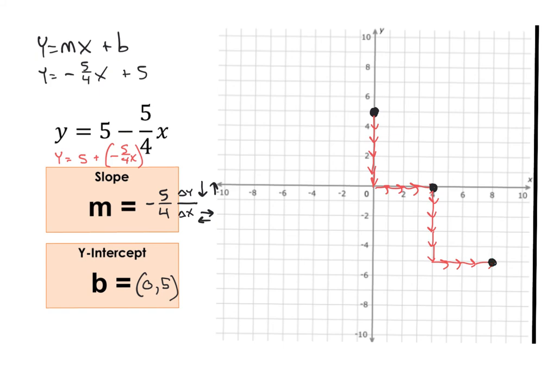If I wanted to instead go up, I could, from my starting point, go up 1, 2, 3, 4, 5, and then to the left 4, 1, 2, 3, 4, and there'll be another dot on my line.